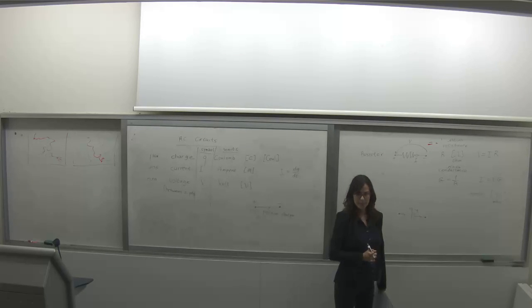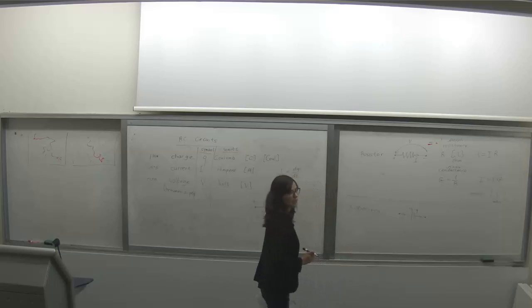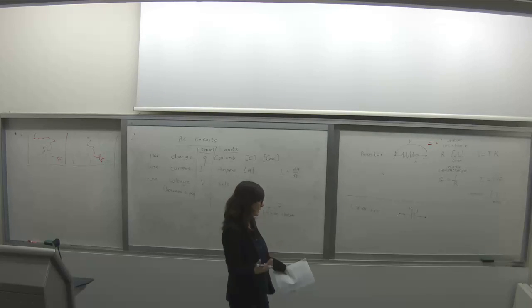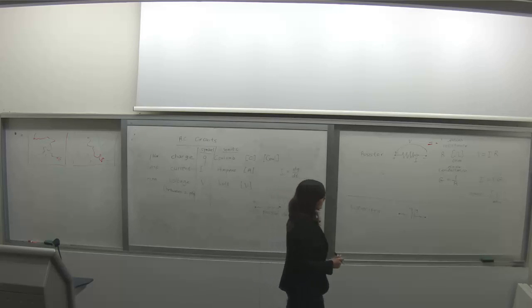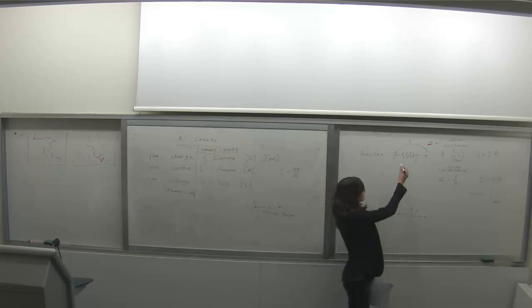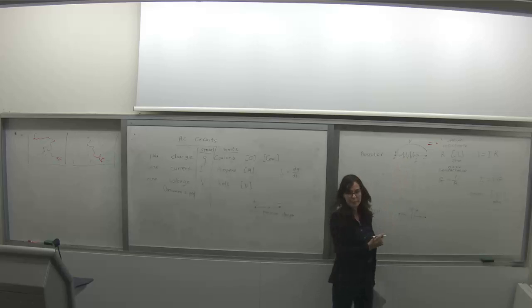So I will get something that seems like a continuous current, and indeed, whenever you connect an ideal capacitor into a circuit, you'll get a continuous current. You can always assume that it's like here. Here I didn't even bother to say that it's the same current here and here.